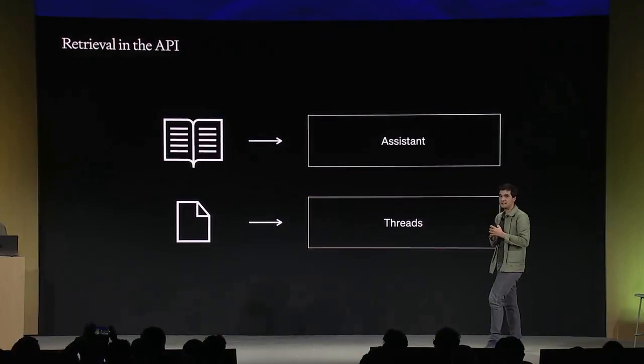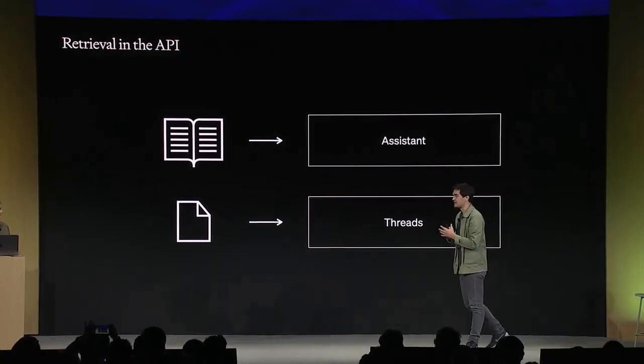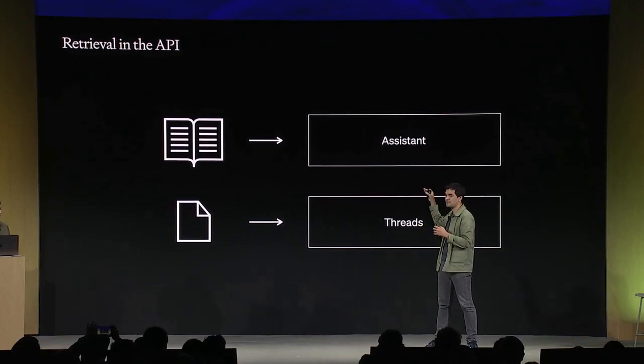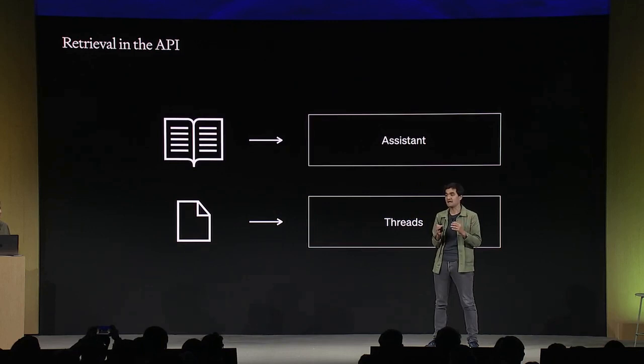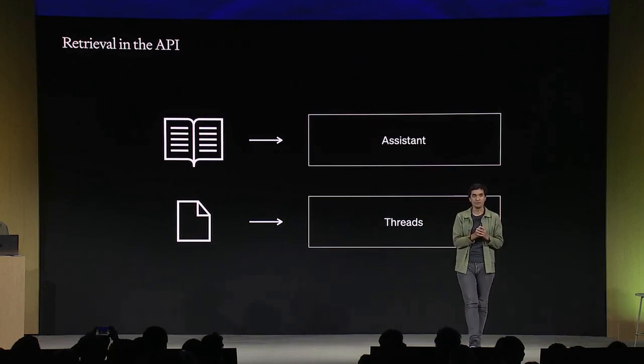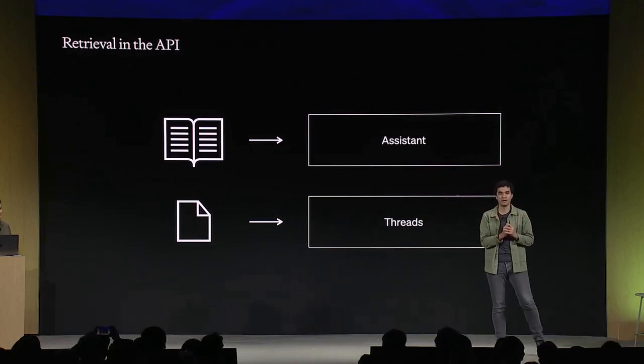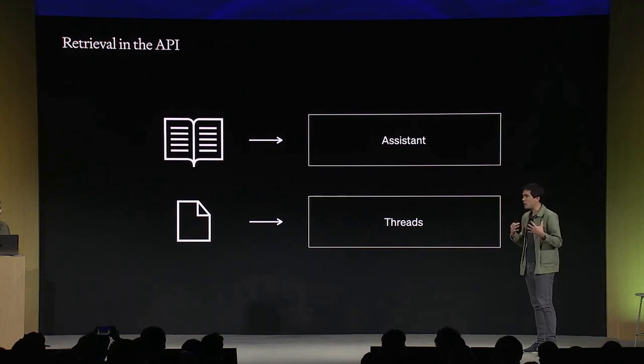So for instance, in Michel's example, on the customer support and the API docs, you should likely pass that information at the assistant level. The second option is to pass files at the thread level. That's useful if you only want that specific thread to be aware of that content. So if I'm uploading my personal bank statements, I should likely do it at the thread level.